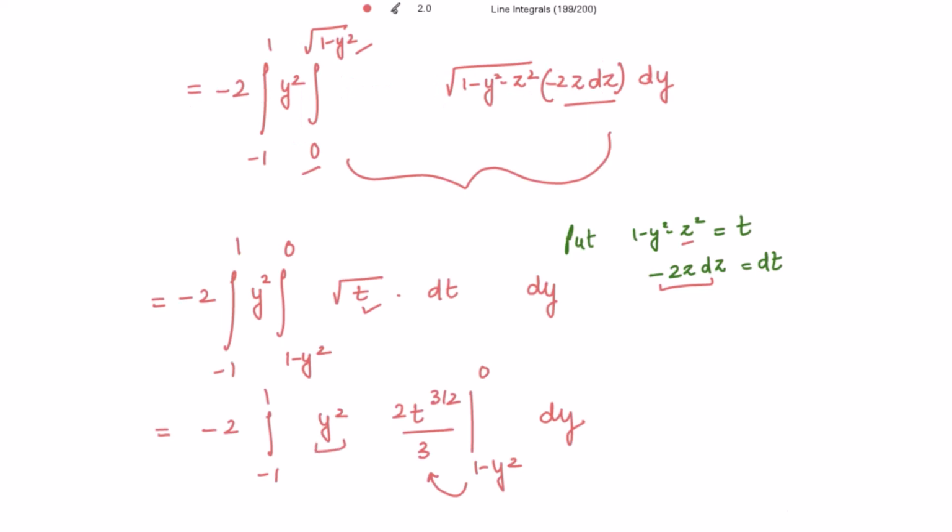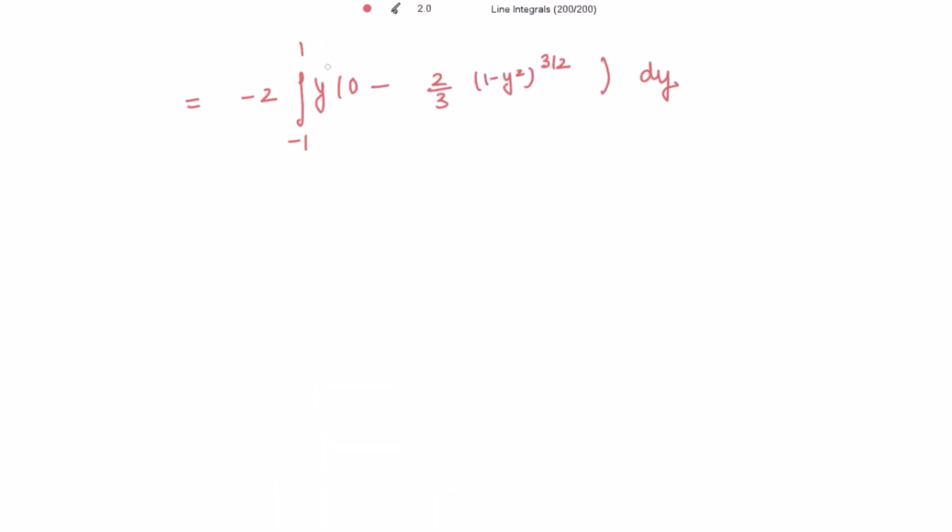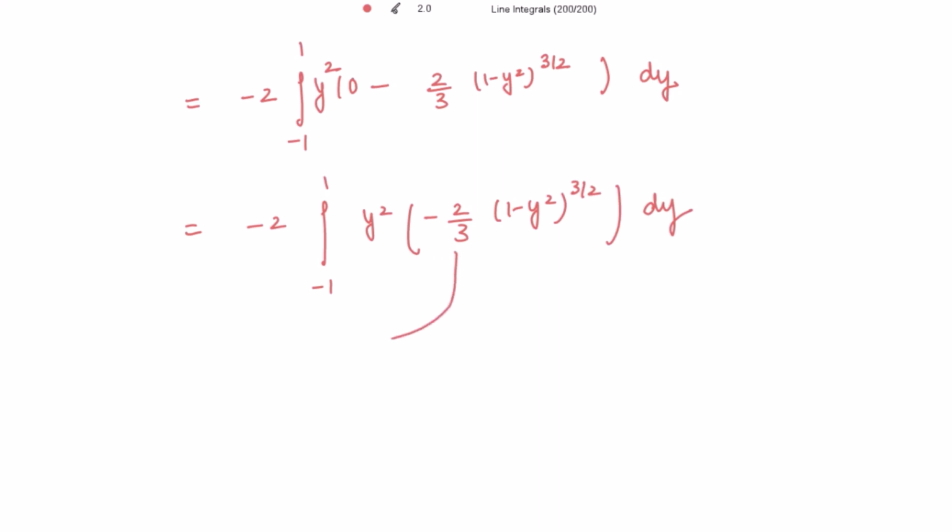And y square is also multiplied with this, right? So this becomes minus 2 integration minus 1 to 1, y square into minus 2 by 3, 1 minus y square to the power 3 by 2 dy. Taking this negative 2 by 3 outside, we get 4 divided by 3, integral minus 1 to 1, y square into 1 minus y square to the power 3 by 2 dy.